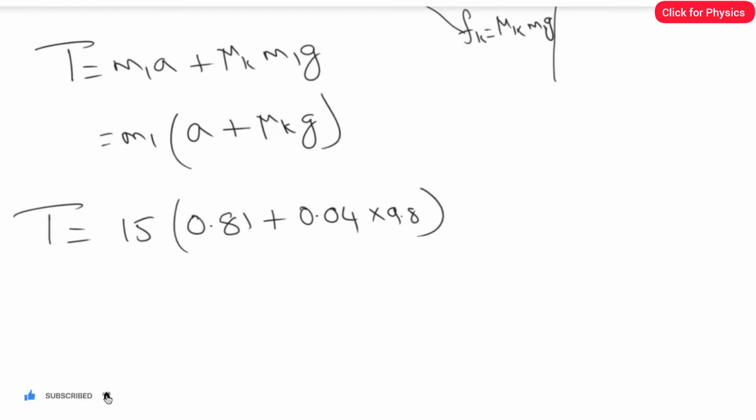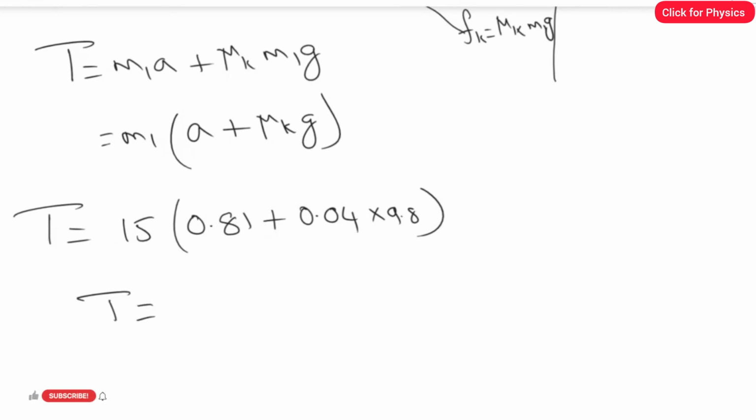So let's see what's the answer for this. 15 multiplied by 0.81 plus 0.04 multiplied by 9.8. I got the answer as 18.03.